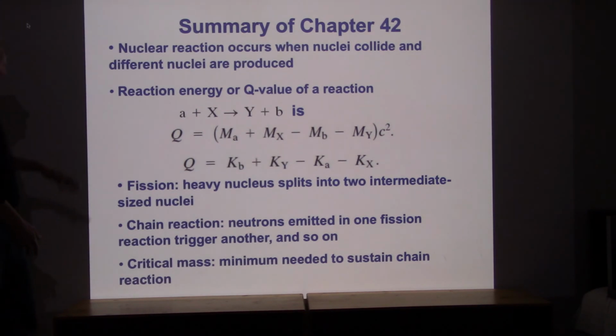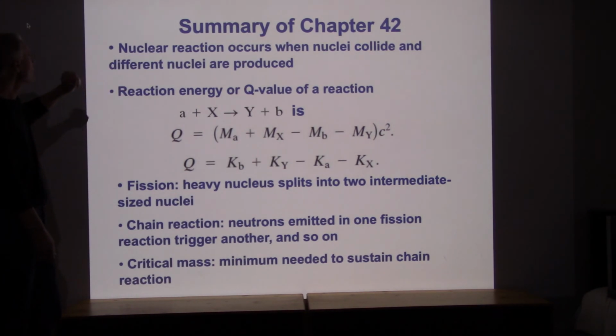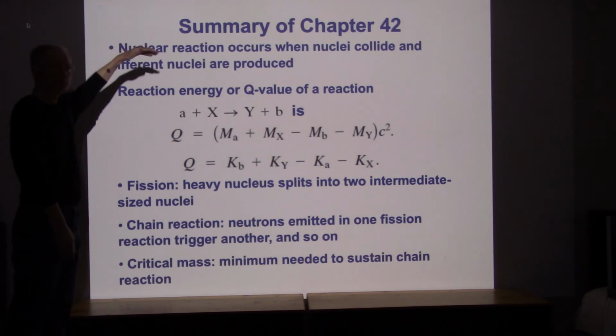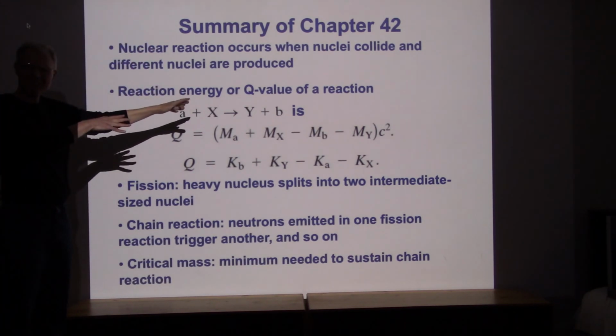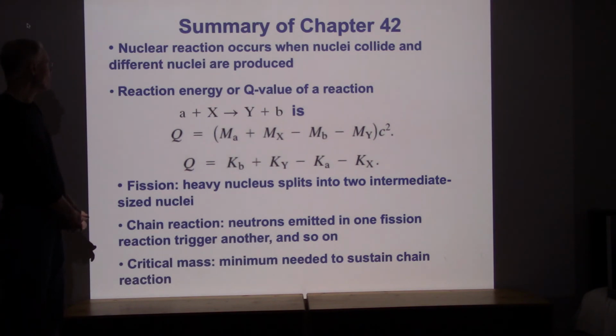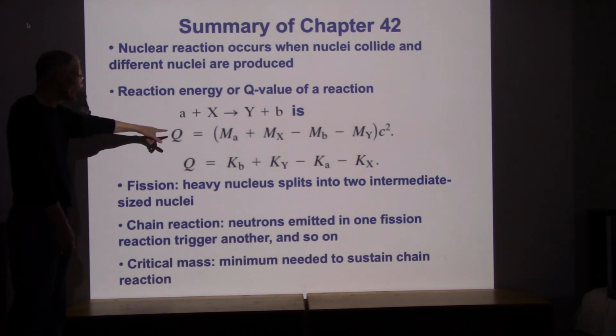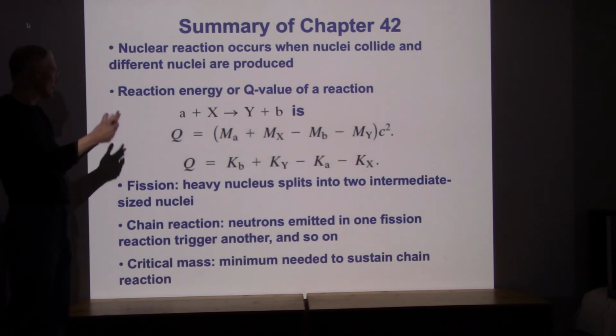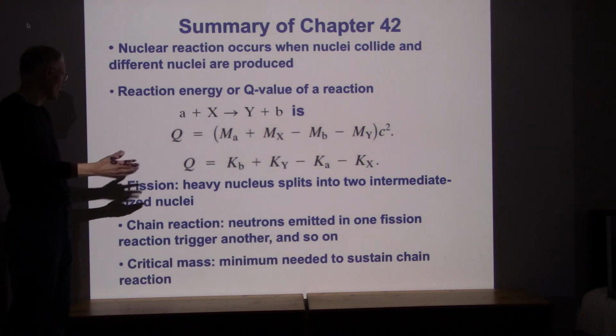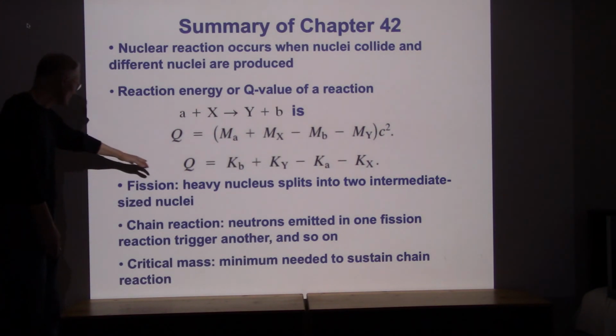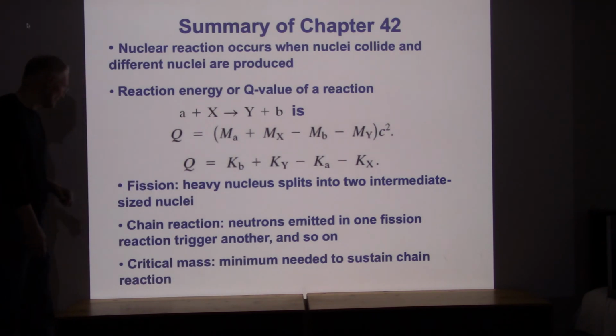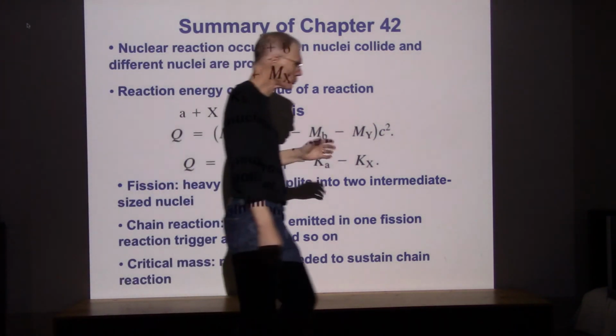So a quick reminder, in chapter 42, we looked at nuclear reactions. We looked at a good number of those. That's got to be important. And we calculated Q values. We found out how much mass is there. We found out kinetic energies and velocities of the products. We looked at fission in a good amount of detail and topics related to fission.